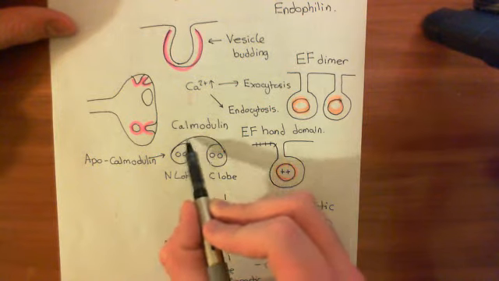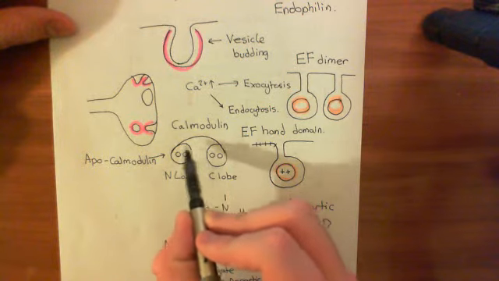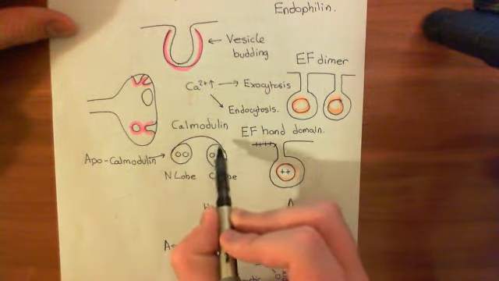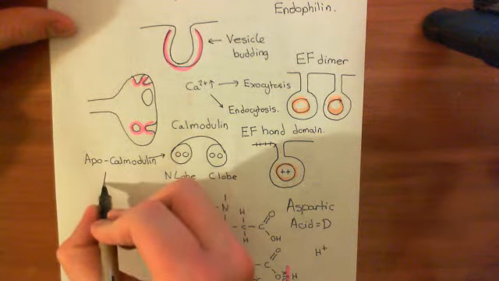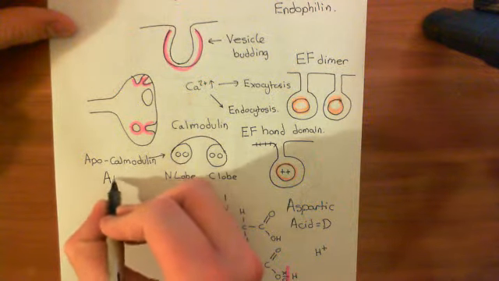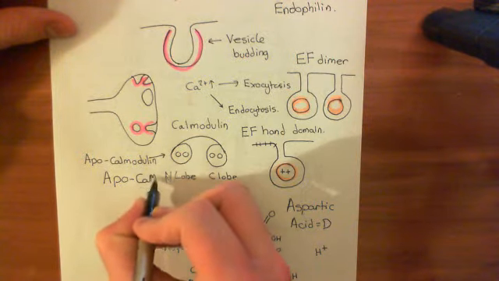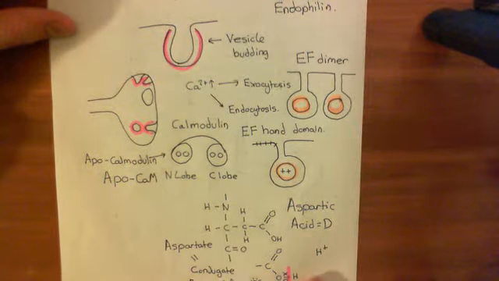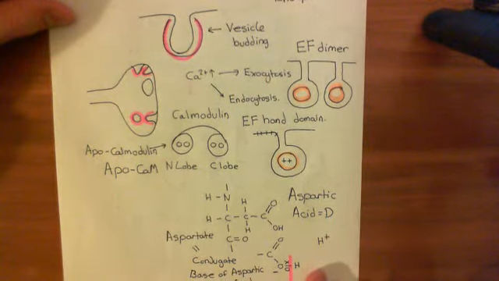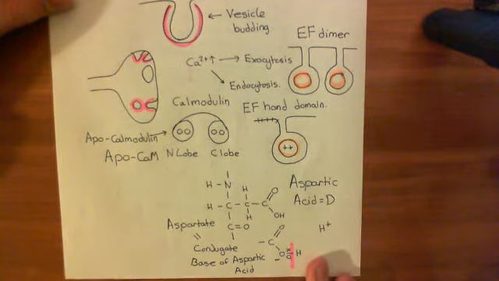In addition, this linker here between the two lobes is a linear polypeptide. This is going to change when calcium binds. Apocalmodulin is also referred to as ApoCaM for short. So the shorthand for Calmodulin is a capital C, a lowercase a, and then a capital M.